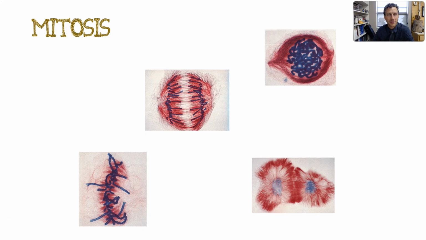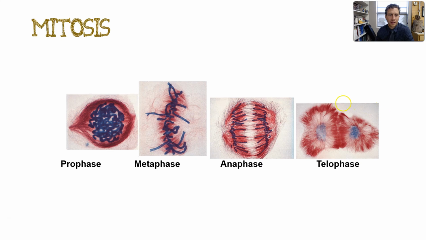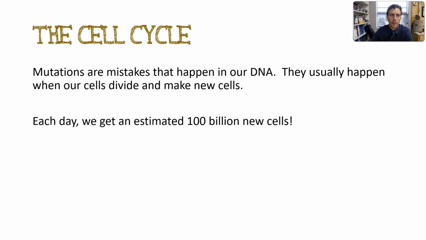You can probably guess. Okay, this one's probably the easiest, metaphase or anaphase, where they're being pulled apart. Prophase, the DNA is all in one nucleus, and telophase, we're separating them into two separate nuclei. Okay, very, very organized. God is a very good designer.